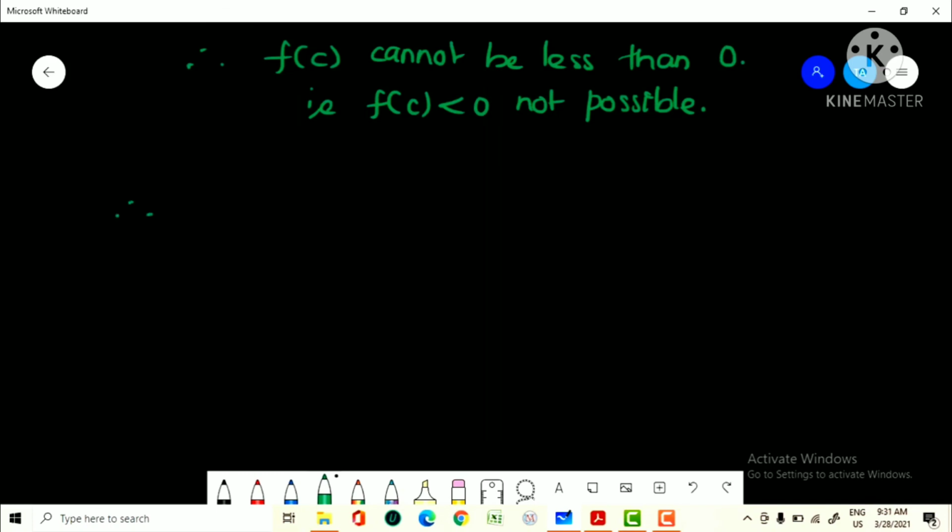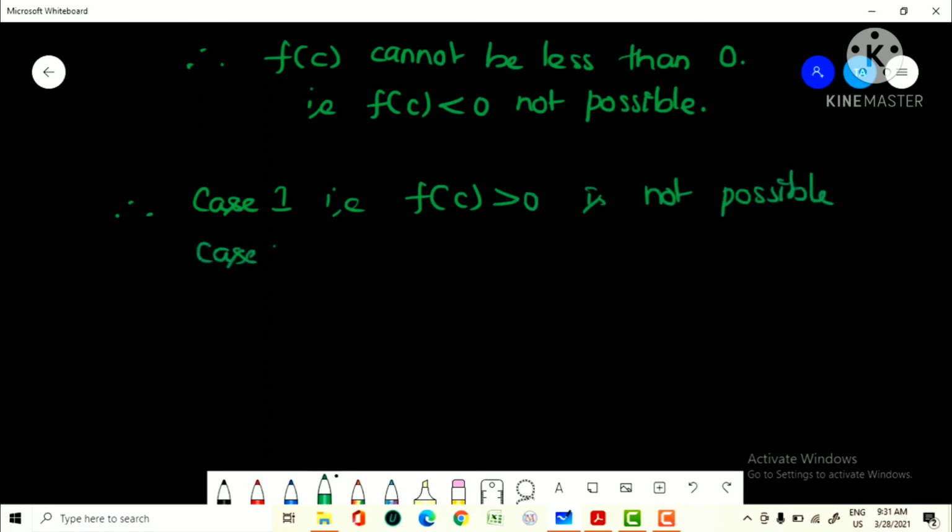Therefore, case 1, that is f of C greater than 0, is not possible. Case 2, that is f of C less than 0, is also not possible.